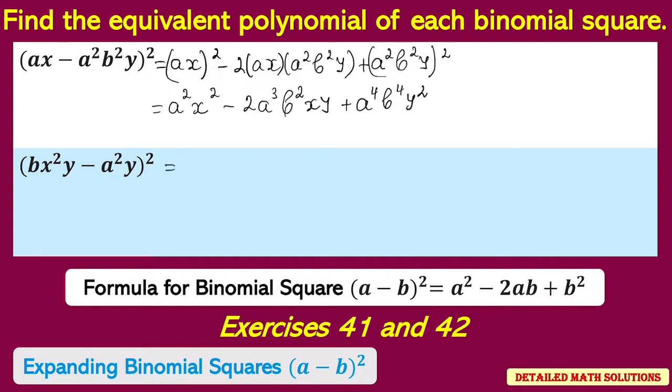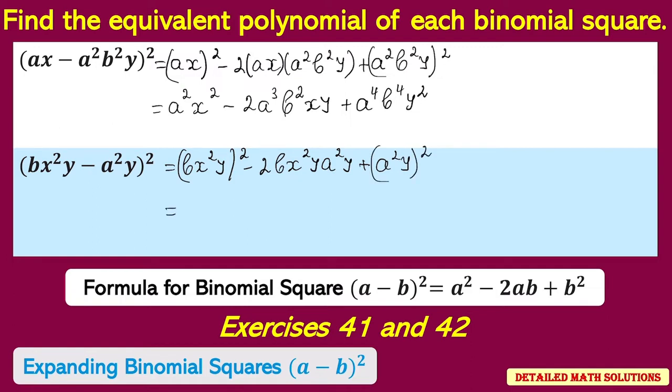Next exercise. (bx squared y minus a squared y) squared. When I apply the formula, this equals (bx squared y) squared minus 2 times bx squared y multiplied by a squared y plus (a squared y) squared.